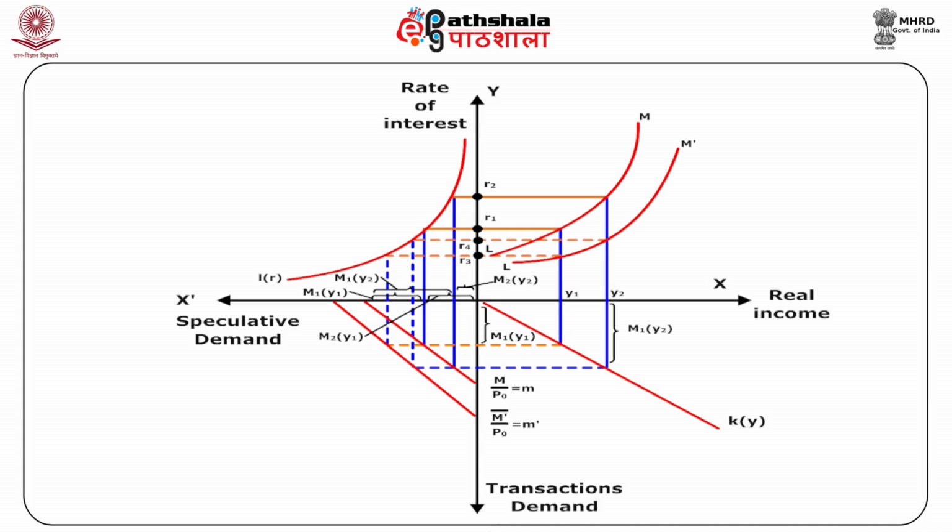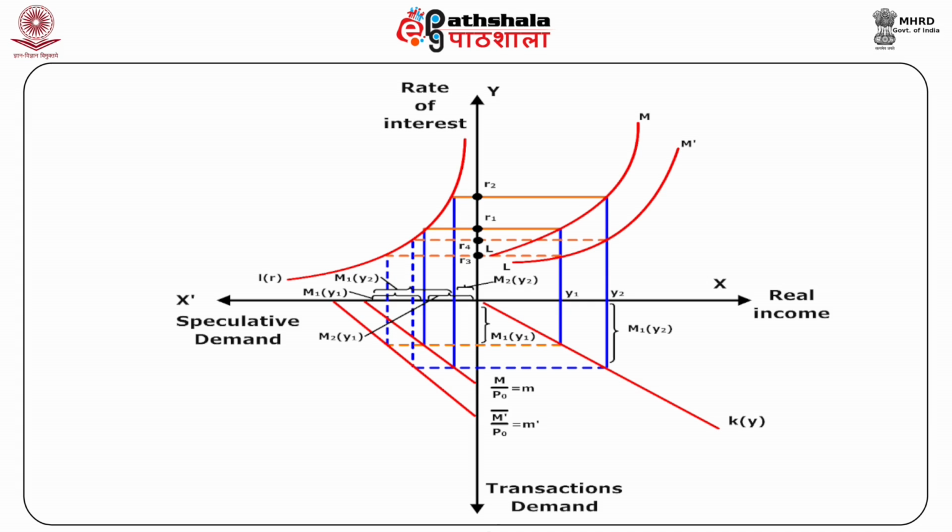So, this is M2 (Y1), and the total money demand, which is M1 plus M2, has to be equal to the total money supply. Now, look at the negative y-axis. On the negative y-axis, we have a given level of nominal money supply divided by the price level P0, and this is the real money supply, or supply of real cash balances.